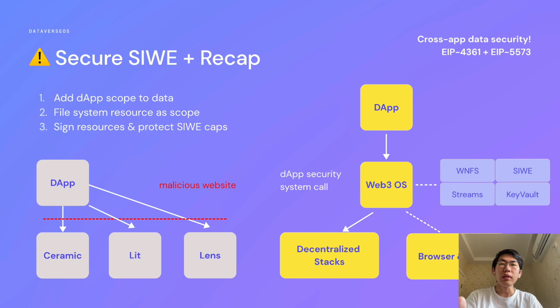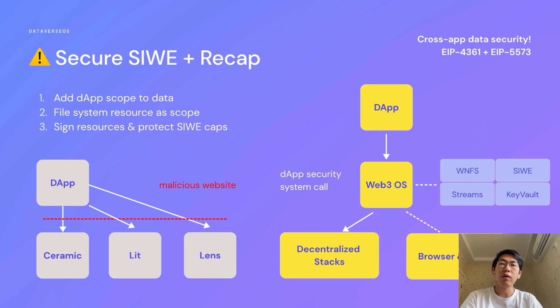First, each application has its own independent file system and the scope of data resources it can access. Secondly, users' data under an application will be encrypted before it's put in the file system. And thirdly, when an application asks for decrypting users' data, a Sign-In with Ethereum signature must precisely match the scope of the application.